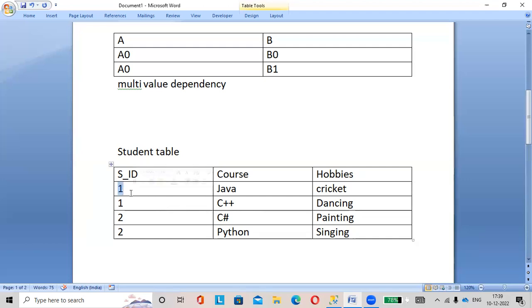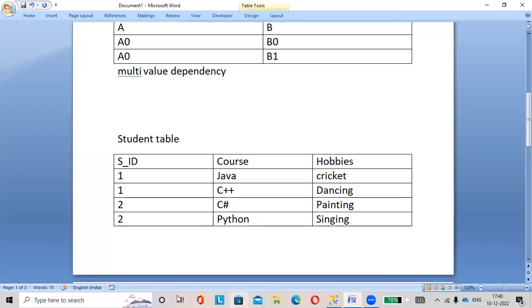Only one student is there. He enrolled for two courses and he has two hobbies. So for which column can we make the primary key? We can't make primary key for any column, because duplicate values will be present here, here also, and here also.